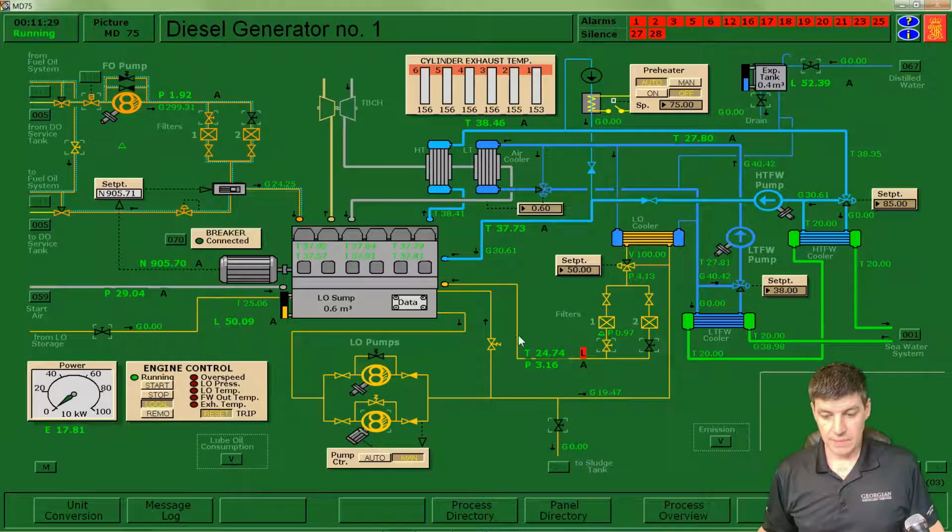I did get an alarm that came up, and that's okay. So it's a low temperature alarm, and that's expected because this machine has just started up and it's really in a cold state. And we can see that my temperature is increasing, so that should hopefully eliminate that low temperature alarm at some point.